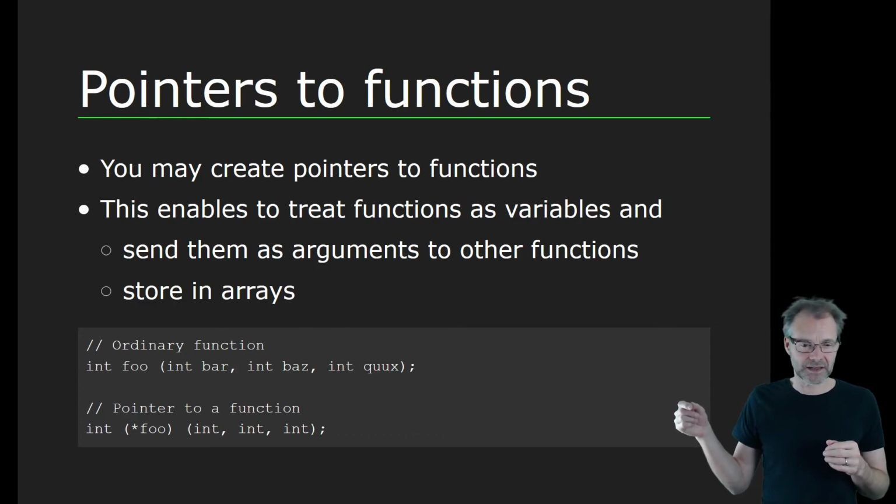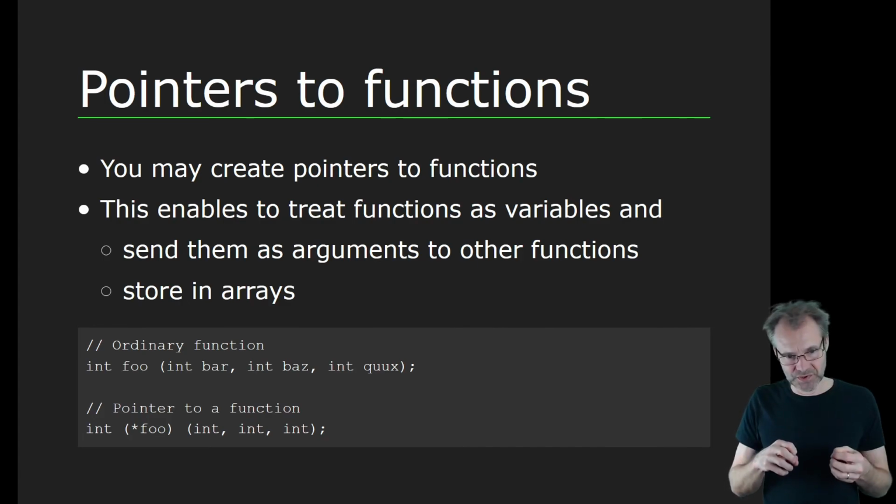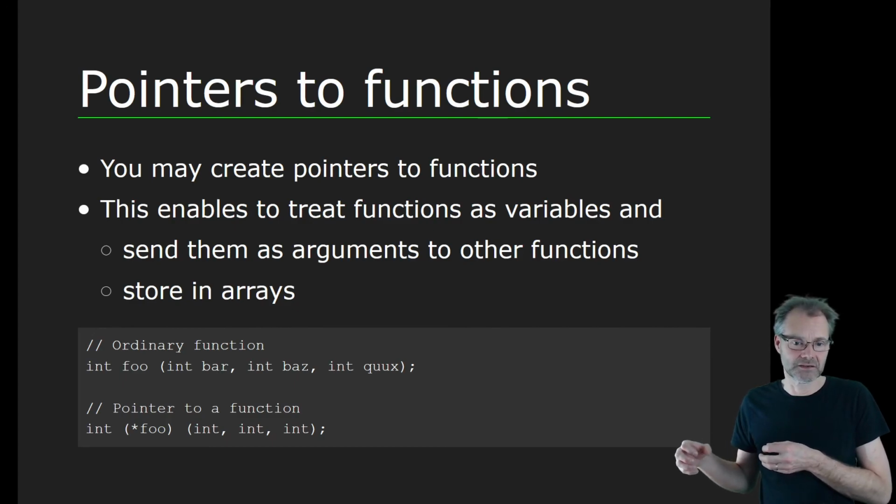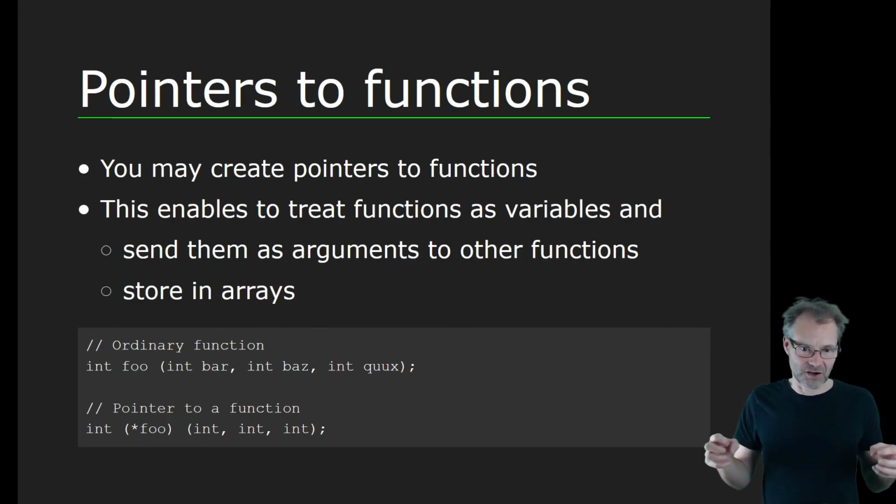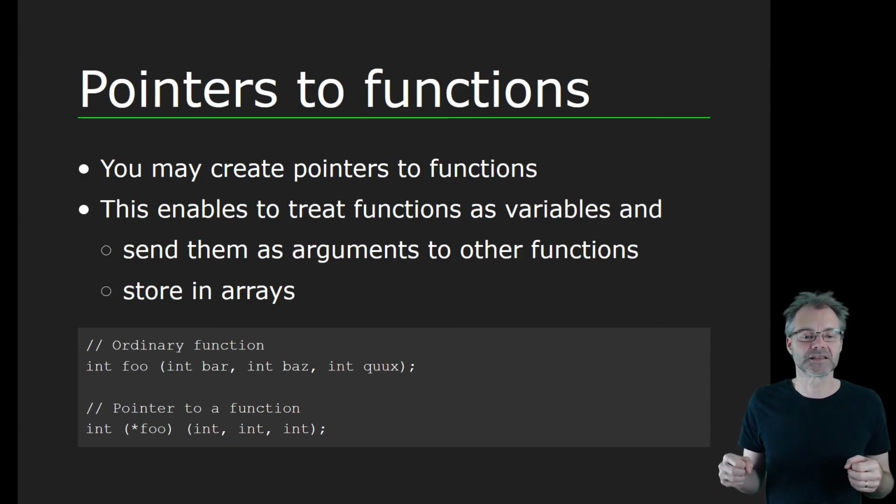When we declare these function pointers, we are declaring them including their return value and including their parameter list. So that is the whole type of that function pointer. This could be good to have.